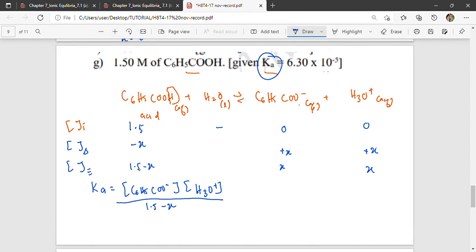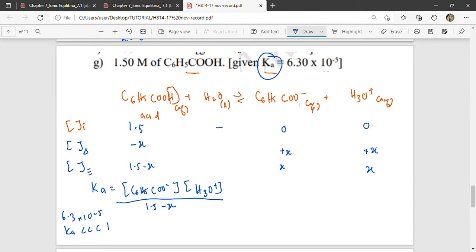So the value is 6.3 times 10 to the power negative 5. Since the value is very small, we can write Ka is much smaller than 1.